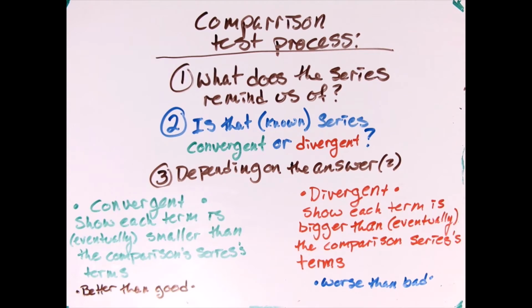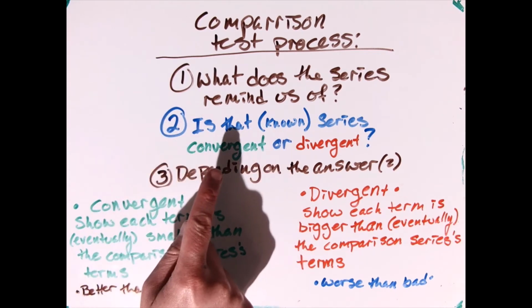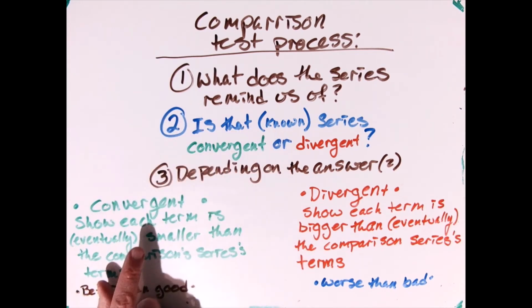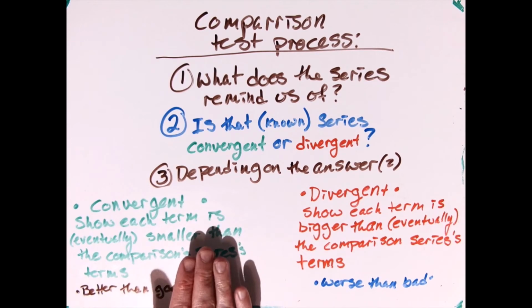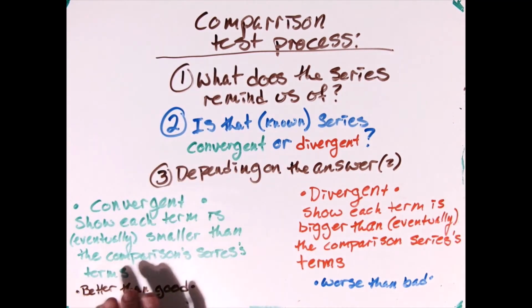And then finally, the last thing that you want to answer is that depending on the answer that you got from step 2, if it's convergent, you need to show that each term of the unknown series is eventually smaller than the known series, the comparison series terms.